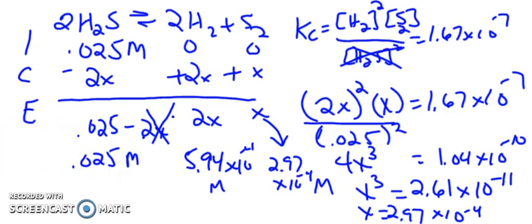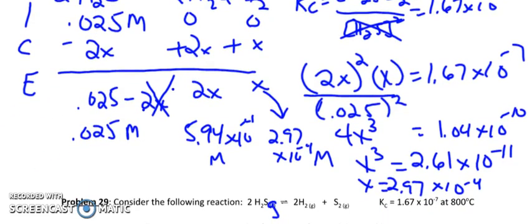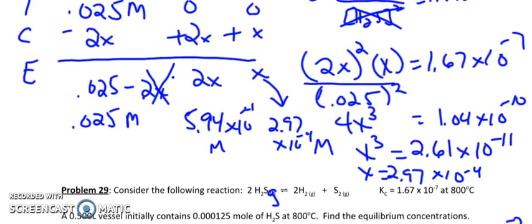How's that? So now what? We have the exact same setup, same equation, same temperature, same Kc, but what changed this time? Well, what changed was how many moles I have. My initial concentration went way down.